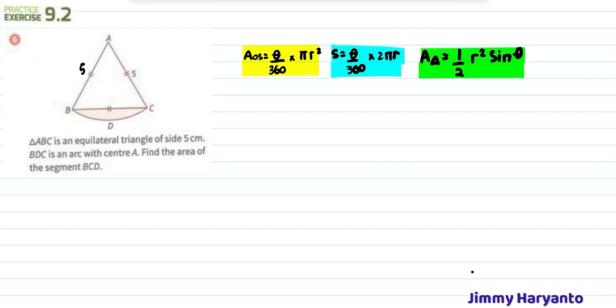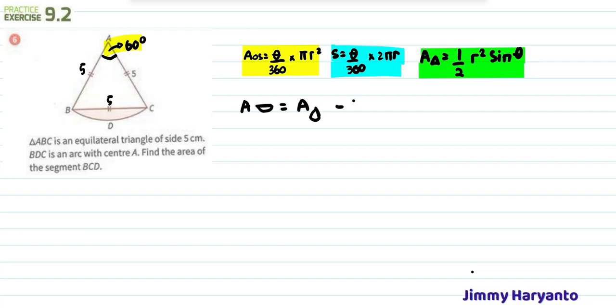Question 6, we have an equilateral triangle with sides of 5. That means this one is 5 and this one also 5. Equilateral triangle means each angle will be 60 degrees. I think we only need this one, so I will not label the remaining. Then find the area of the segment. The area of the segment equals the area of sector minus the area of triangle.